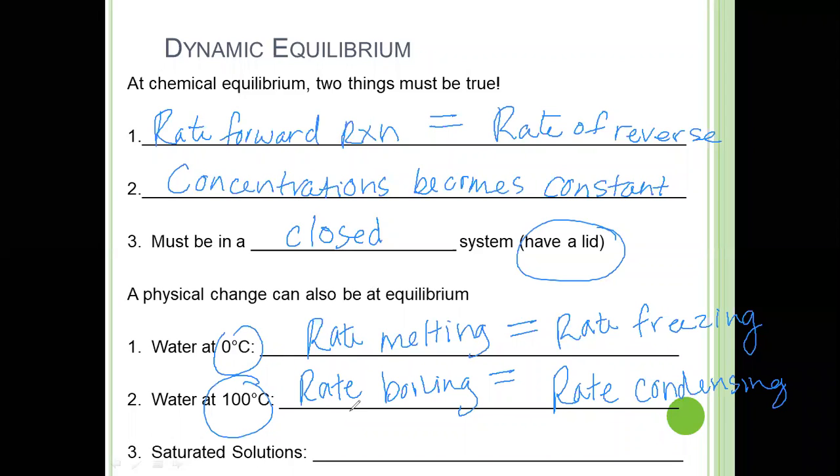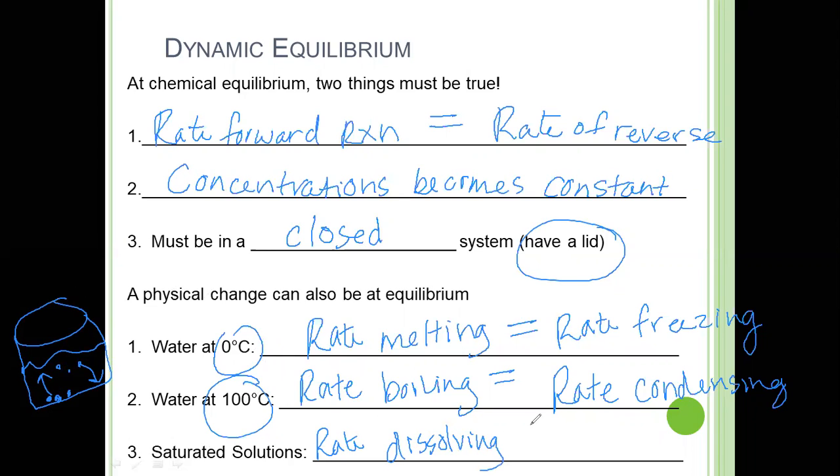Okay, and then in a saturated solution, remember, a saturated solution is holding as much as it can, and it also has stuff on the bottom that it can't hold. All right, so the rate that one dissolves has to equal the rate that one comes down and crystallizes. So the rate of dissolving equals the rate of crystallizing.